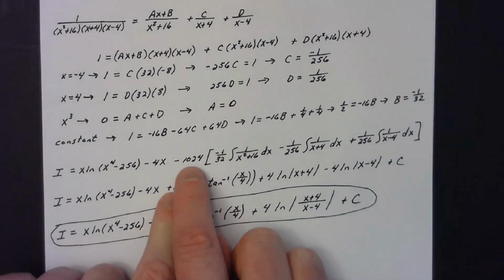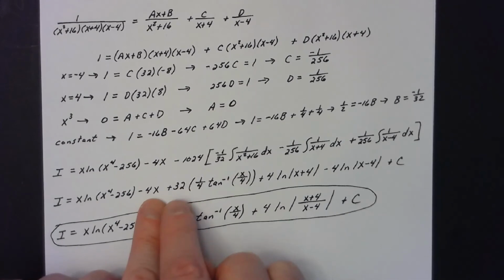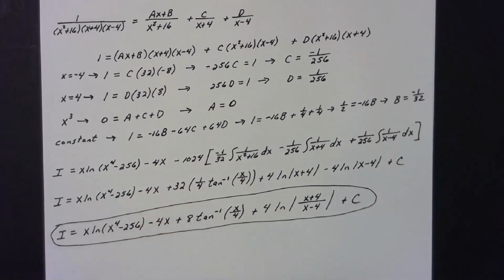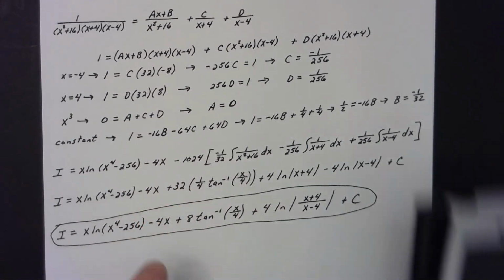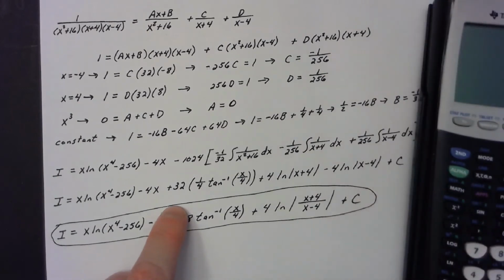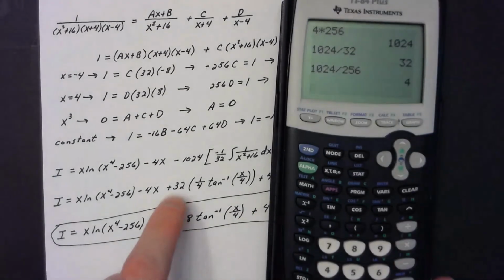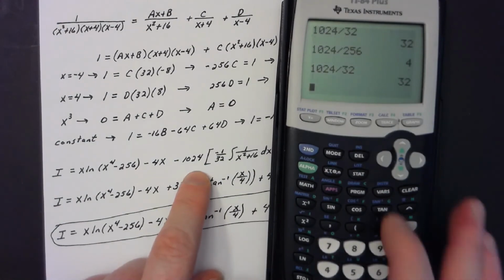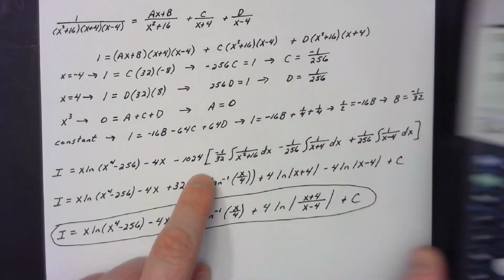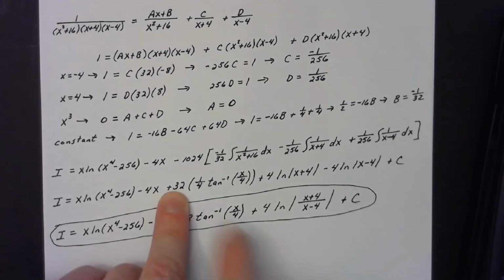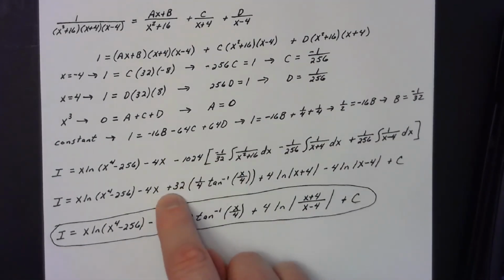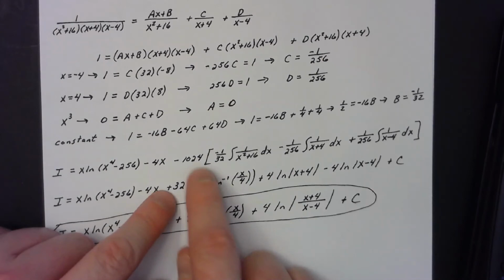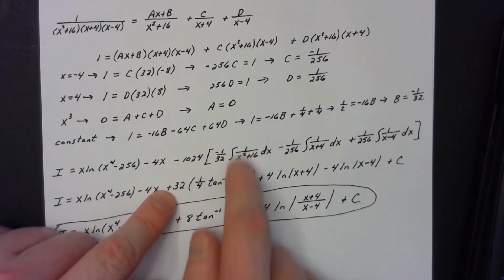So the first thing I did is I said, well, 1024 divided by 32, and let's make sure I did that right. Yeah, 1024 over 32 gave me the 32, so that's where that number came from. Negative times a negative is a positive. But that just takes care of the coefficient on the integral.